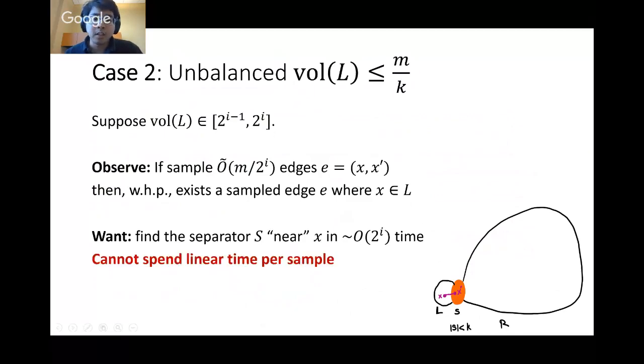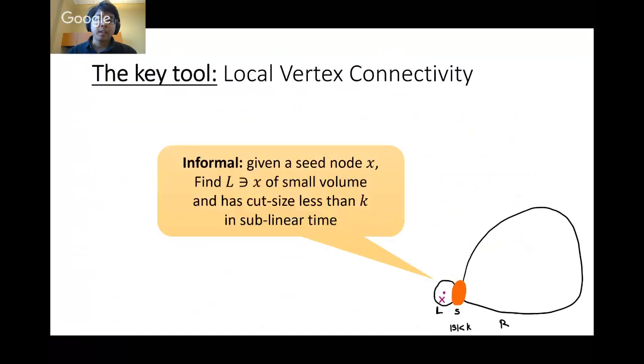But note that we cannot spend even linear time per sample. We want to spend sublinear time: given X, we want to find a separator S in sublinear time. This is what we want. And this is really the new key tool that we will talk about soon.